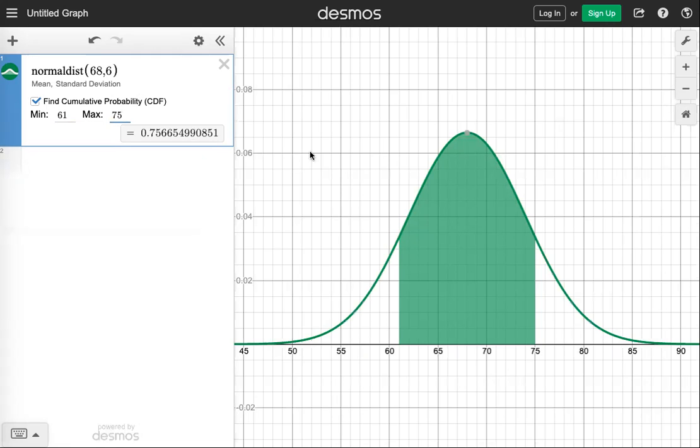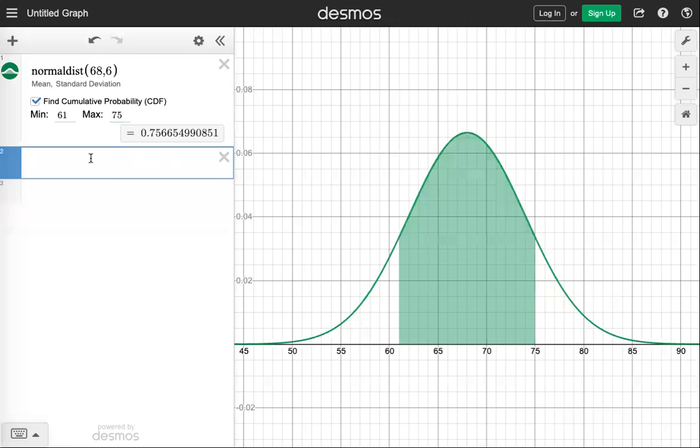Now check out how much area below the curve is shaded. That corresponds to the decimal at the bottom of the box, 0.75665. We're going to round that 6 up to a 7 because the 5 tells the 6 to go up to a 7. So we have the decimal 0.7567.